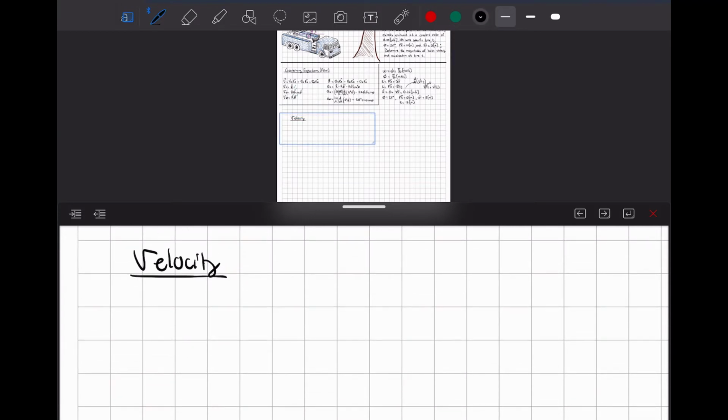And so if we go ahead and do that, we know r dot is equal to 0.25 meters per second, that's just going to be VR. V theta is going to be r theta dot cosine phi.